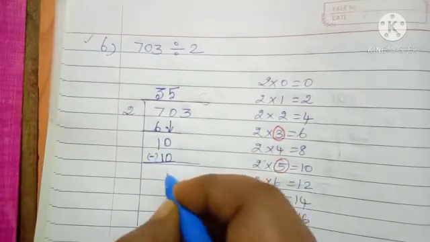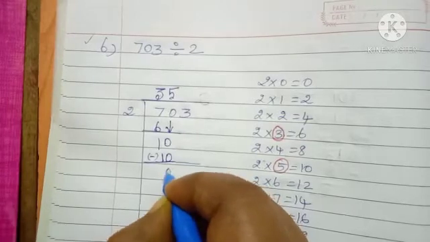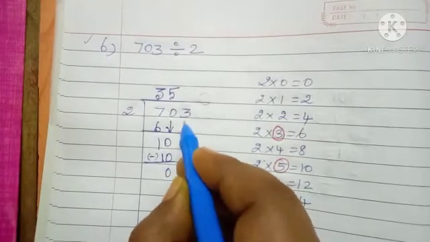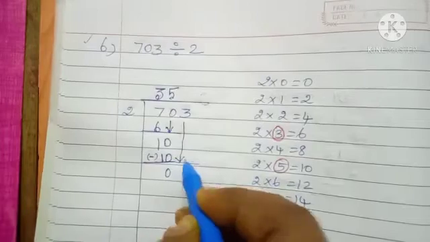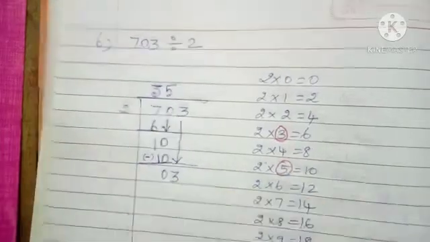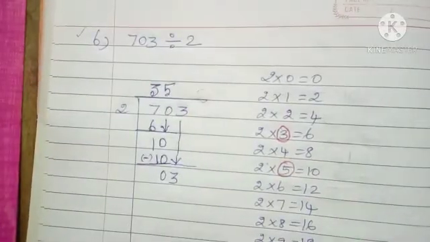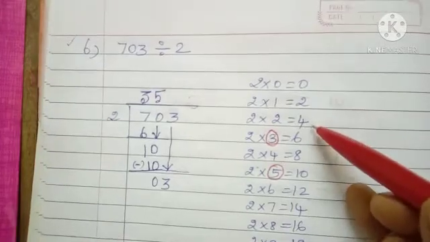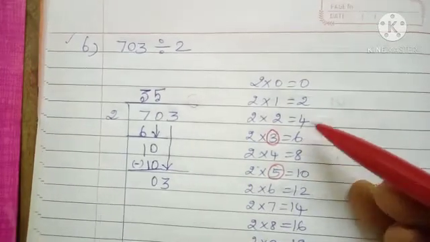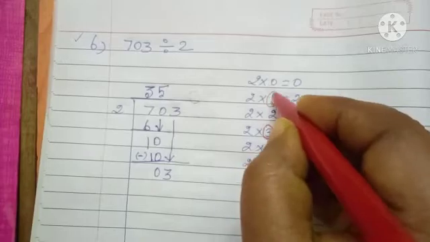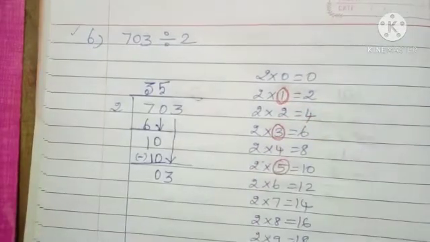Then last, bring down the number 3. Does 3 come in the 2 table? No, 2 or 4 is there. So take the number before 3, which is 2.